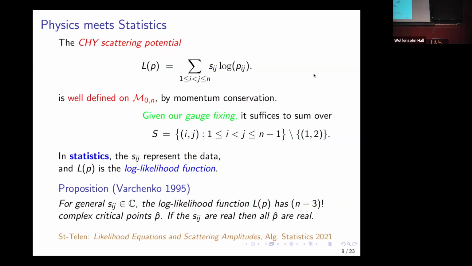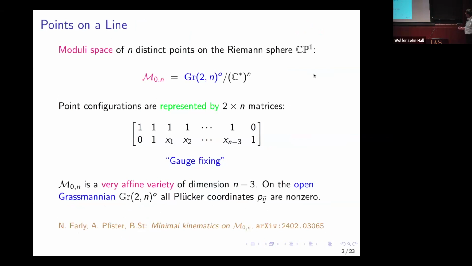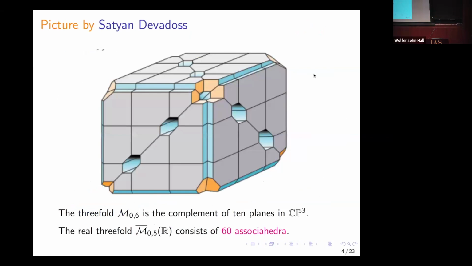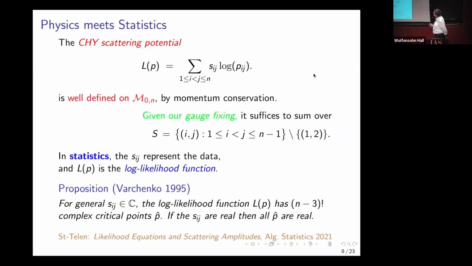Now, this is actually well defined on M0n. So you recall from the first slide that M0n really is the Grassmannian modulo the torus. So there's a scaling. And it turns out that the momentum conservation relations precisely ensure that this is well defined on M0n. So another way to say this is you can rewrite this expression in terms of logarithms of cross ratios.